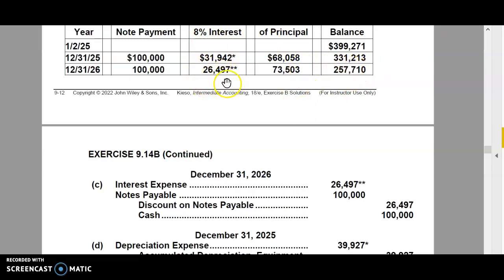That's going to give you your interest expense. So here's your interest expense. You're paying out cash of 100,000, and so your discount is the plug figure to make the debits and credits balance.